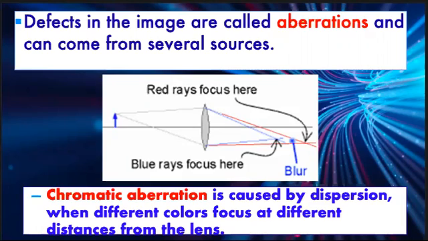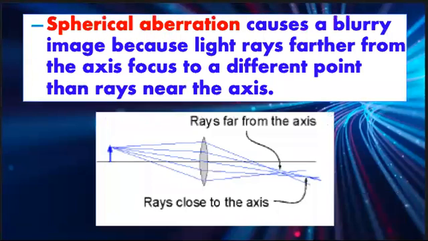Aberrations can come from several sources. Chromatic aberration is caused by dispersion, when different colors focus at different distances from the lens. There is also spherical aberration.